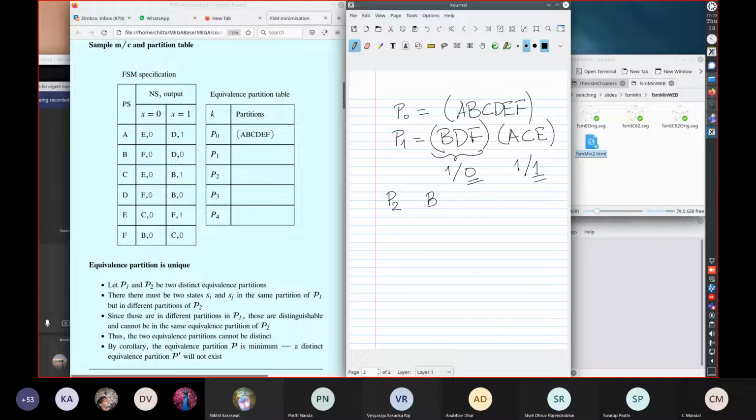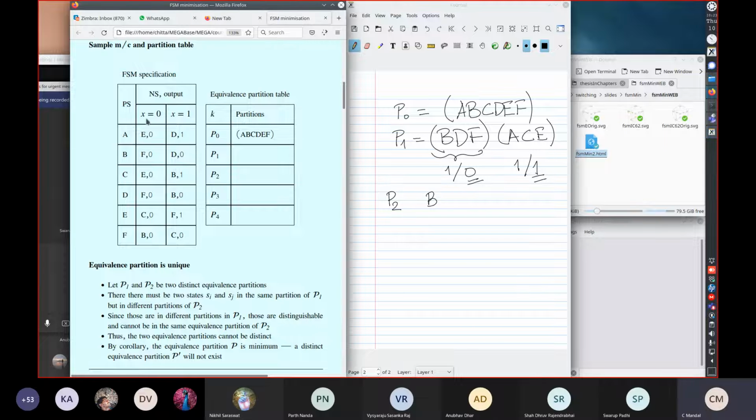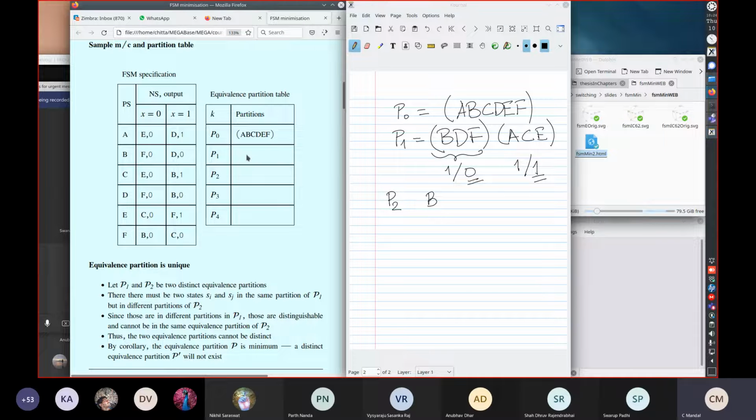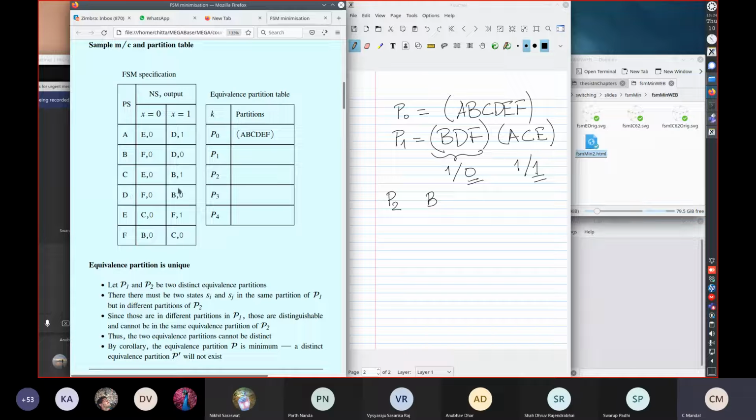Okay. So on input 0 it goes to F, on input 1 it goes to D. So both of them are in the same partition. Look at D. D also goes to F and B. Both of them are in the same partition. All right. But if you look at F, it goes to B on x equal to 0, C on x equal to 1.